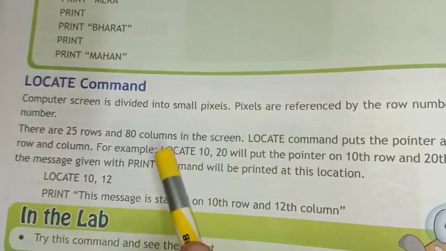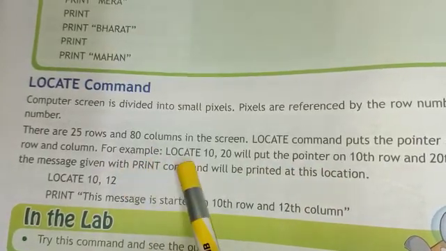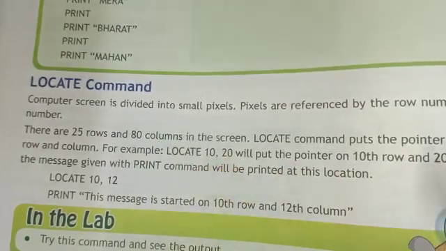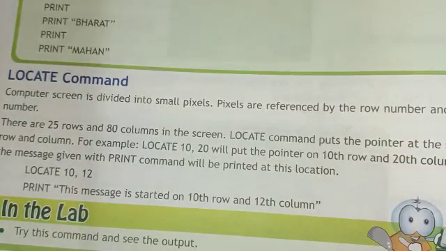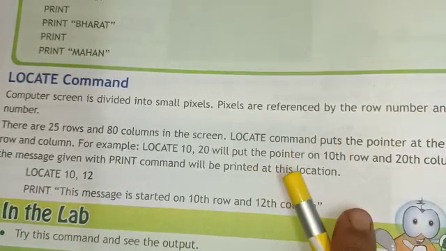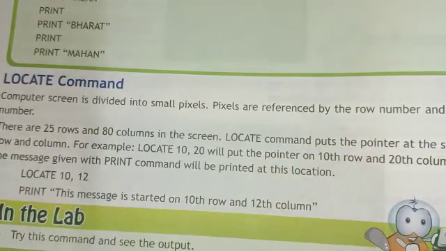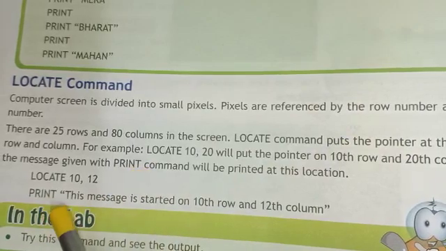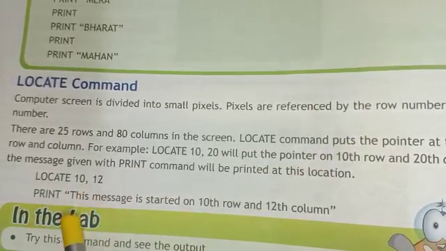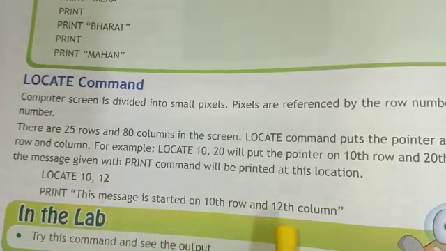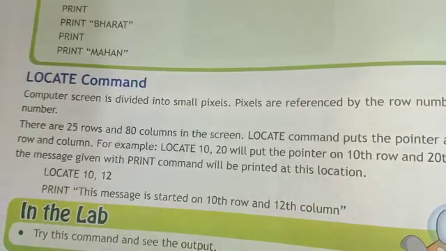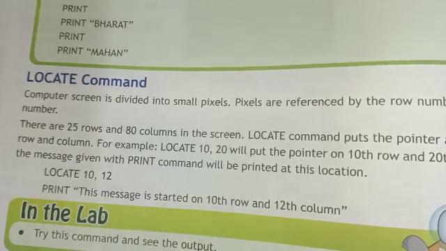So if we write the given command with the locate command, locate 10,20, the pointer will point at the 10th row and 20th column, and then the message will be printed there, in this example.